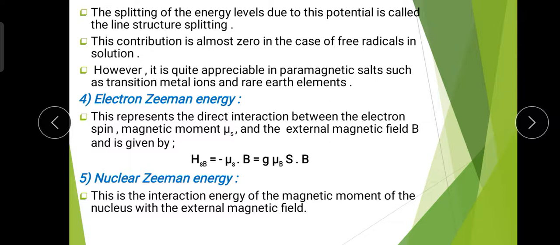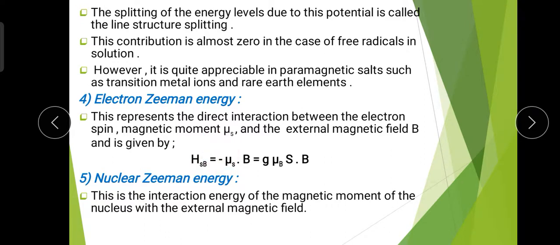As already mentioned, the electron Zeeman energy is the energy due to the interaction between the magnetic moment mu s due to the electron spin and the external magnetic field. These three quantities interact with each other, and we get one type of energy, the electron Zeeman energy, which is denoted by H_SB.